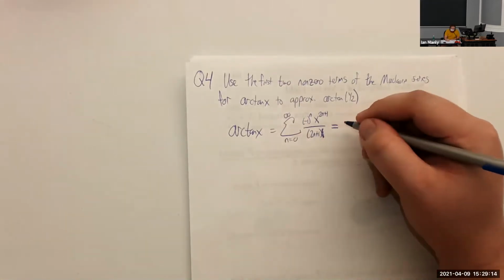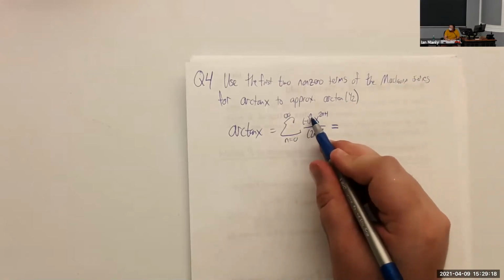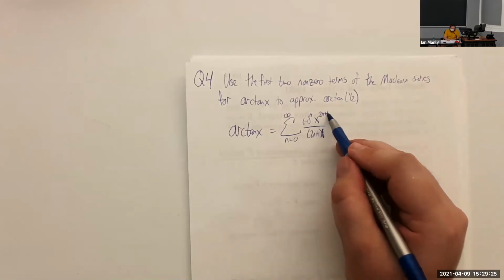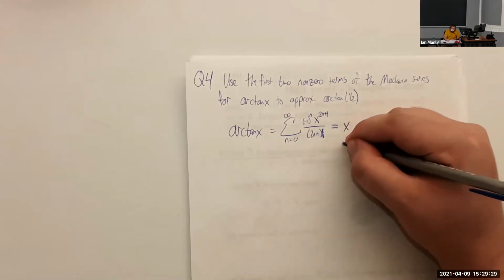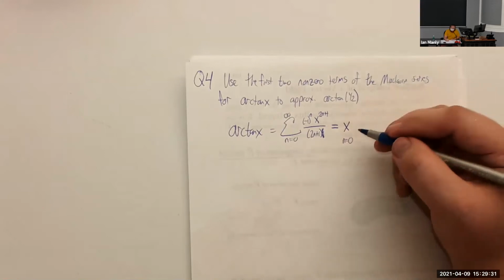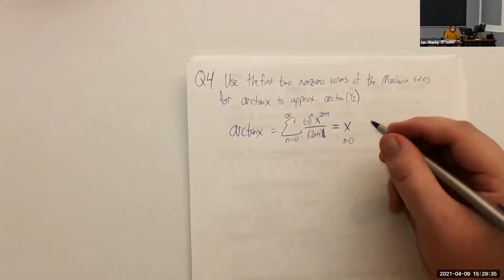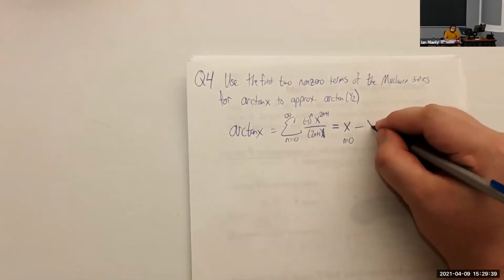So let's write those out. I plug 0 in for n. I have -1 to the 0 is 1, and x to the 0 plus 1 is x, over just 1. This is n equals 0, the first term. And then we go to n equals 1. That will give us a negative, and we're going to have x cubed over 3.